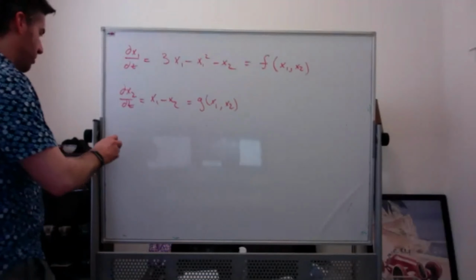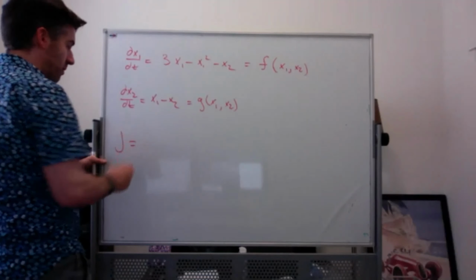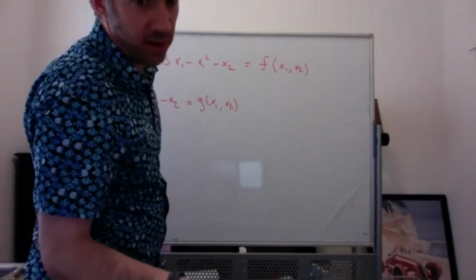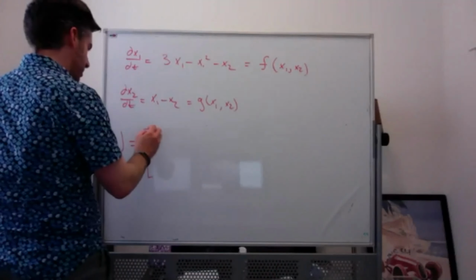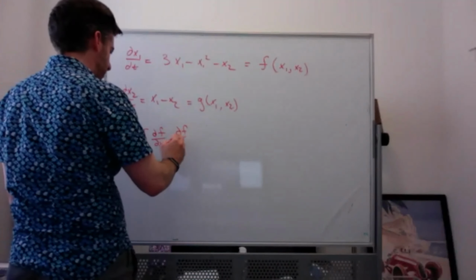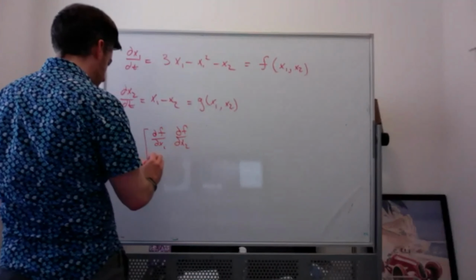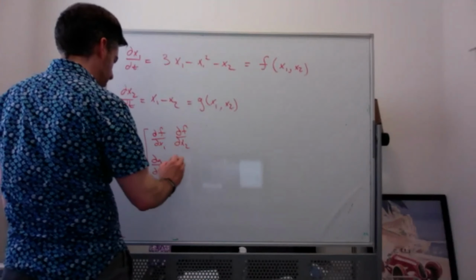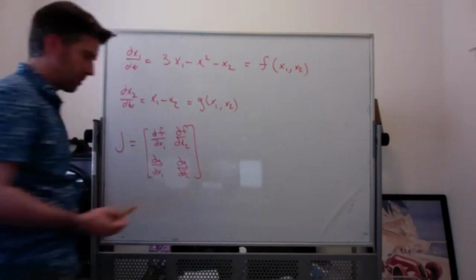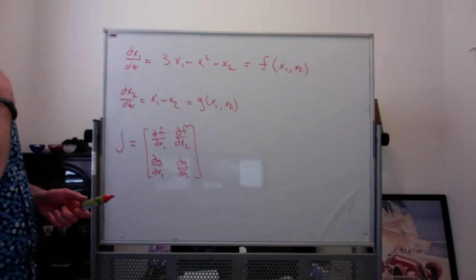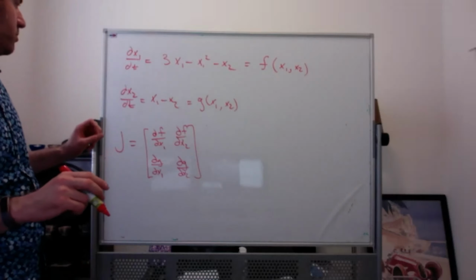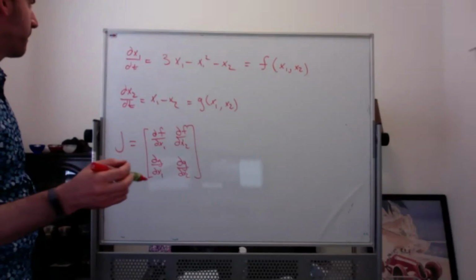So my Jacobian is going to be del f del x1, del f del x2, and then here del g del x1, del g del x2.